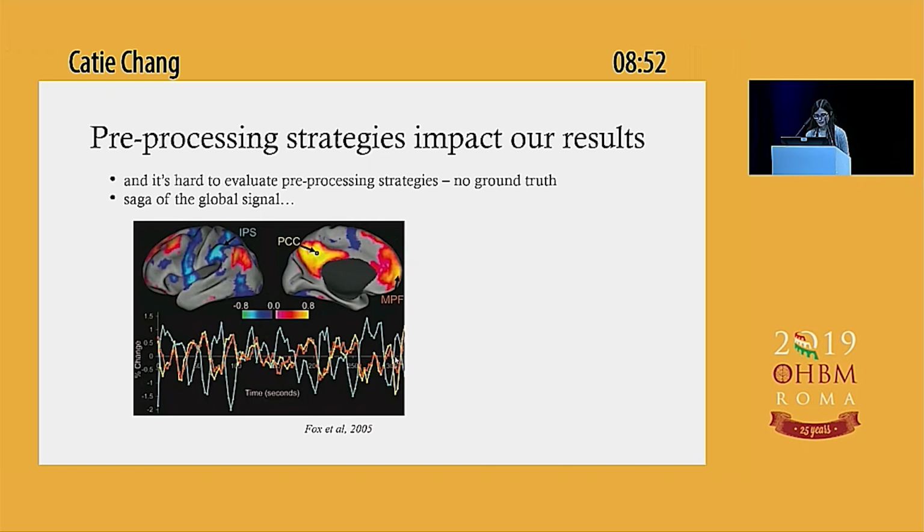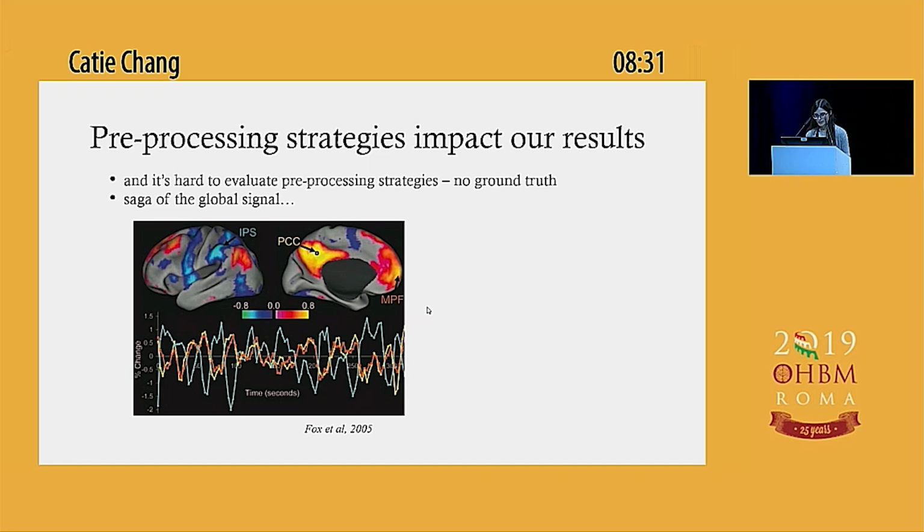Perhaps one of the most famous examples of this in the resting state literature is the global signal question. It was shown back in 2005 that the default mode network may have negative correlations with attentional networks at rest, which could be quite interesting and maybe reflect some kind of balance of internal and externally oriented processing.